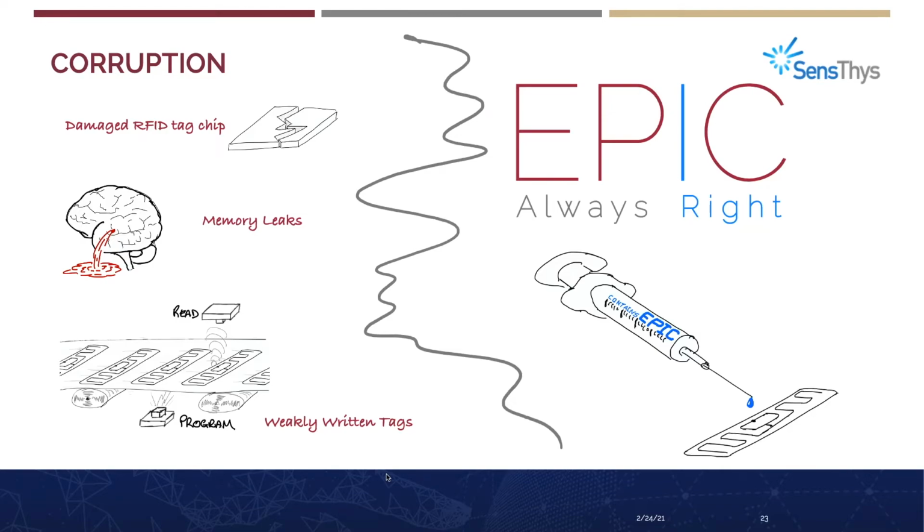If we're looking particularly at the memory corruption, there are many sources of this corruption, and the most frequent ones are, surprisingly, physical chip damage. As we all know, these tags are very flexible, and there's a little chip on there, and silicon, if you've seen a larger silicon chip, is a very brittle device, and it can snap and crack. As a semiconductor guy in my history, I always thought that if one of the chips broke, it would just stop working.